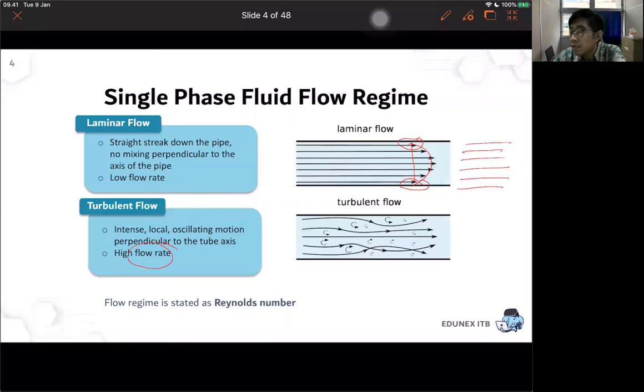And basically, when you have this kind of flow, you may say that you will have similar velocity throughout the radial position. So for turbulent flow you can take the velocity as uniform, and you can calculate average velocity by calculating the volumetric flow rate divided by cross-section area.